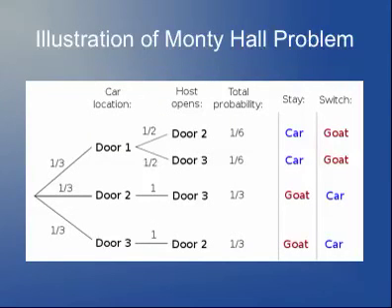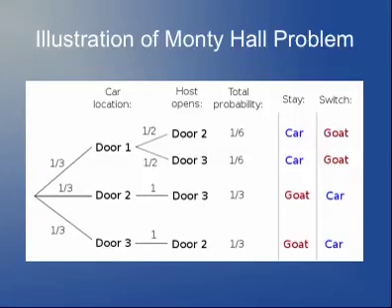Here's an illustration of all these different scenarios, where the car location is door 1, door 2, or door 3. You write out all the probabilities. If you pick door 1 and the car is actually behind door 1, you lose if you switch.